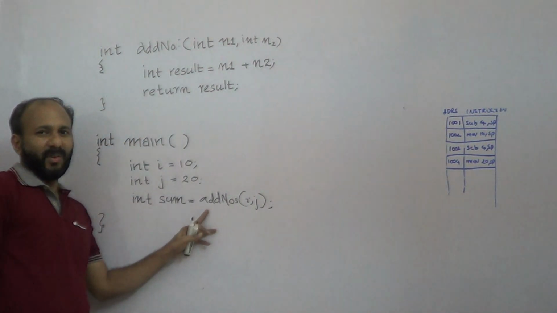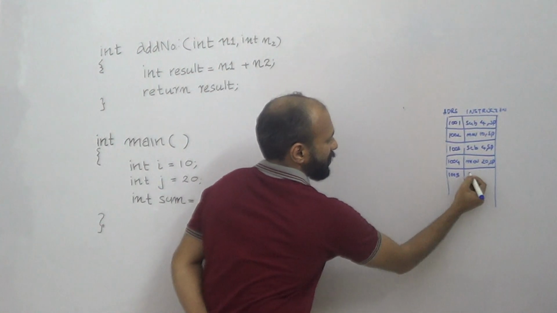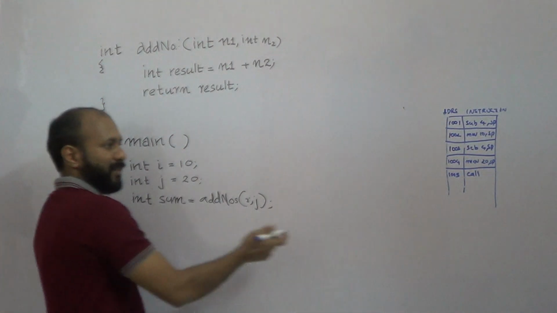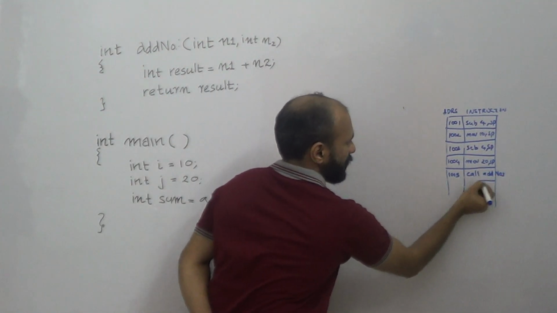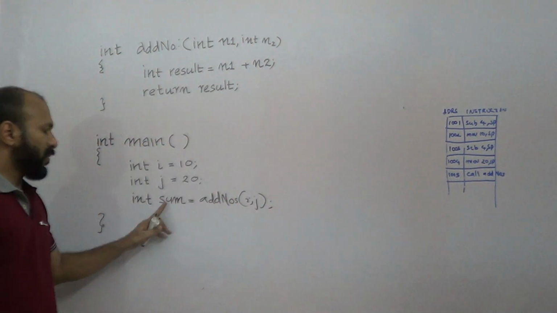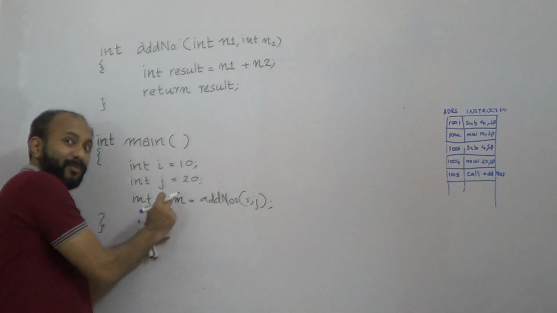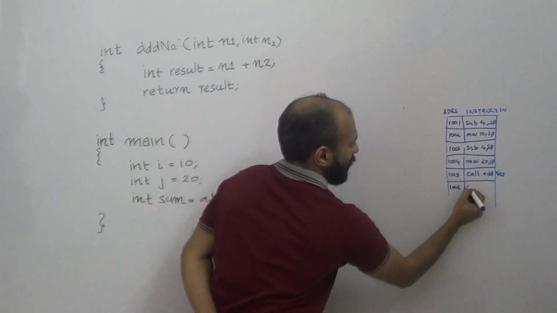Now there is a function call. So at 1005 there is a function call. The name of the function is add numbers. Now there is one more local variable. Again allocate the memory for this local variable. 1006.